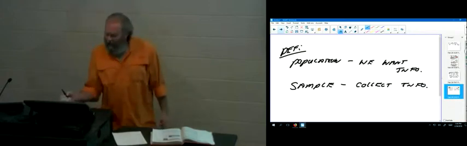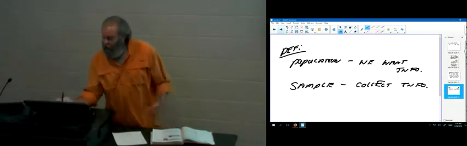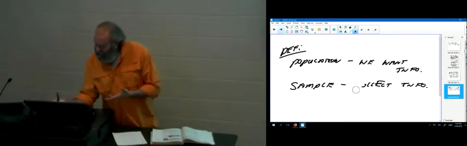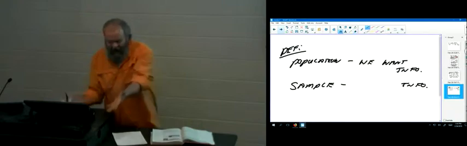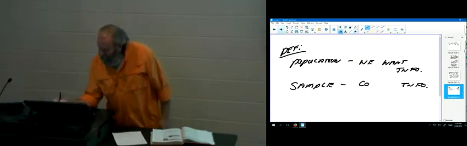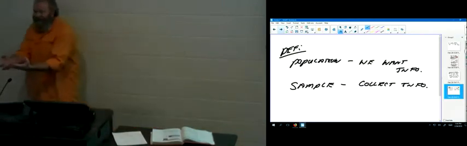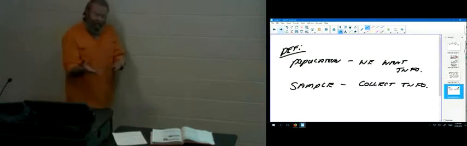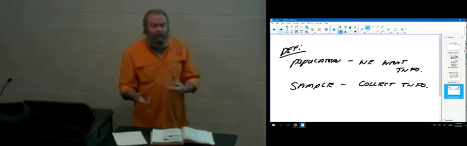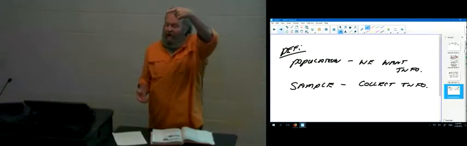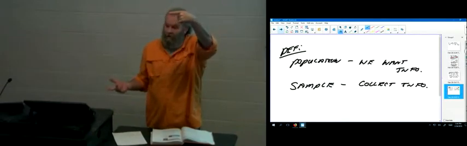Right? That's what we mean by collect the info. In other words, whatever the question is I want about this population, I ask that question to my sample. And then I'm going to do all the work with this smaller group. And then my whole idea is to use what I've learned from the sample to draw a conclusion about that population that I had the question about to start with.